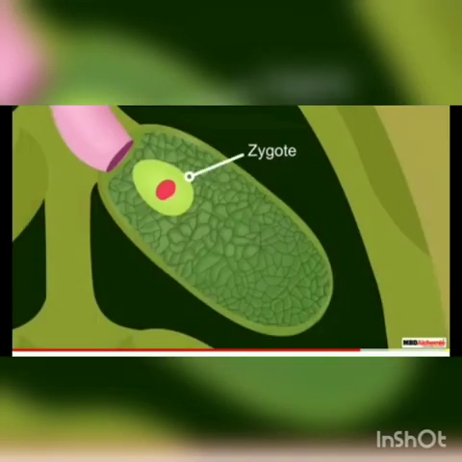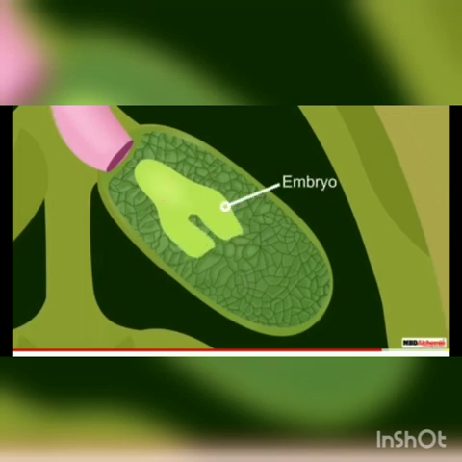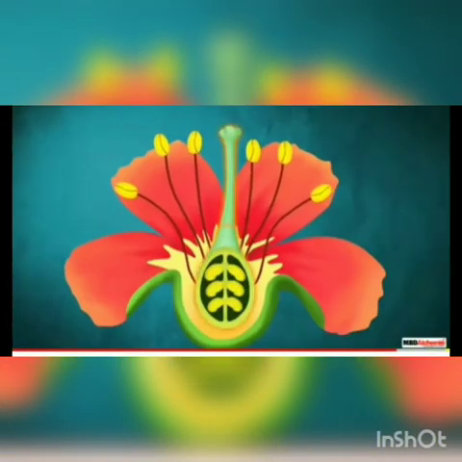And what is formed? Zygote is formed. This process is known as fertilization. The male gamete and female gamete fuse to form the zygote. Further, the embryo is formed and the hard layer is formed, that is known as seed.